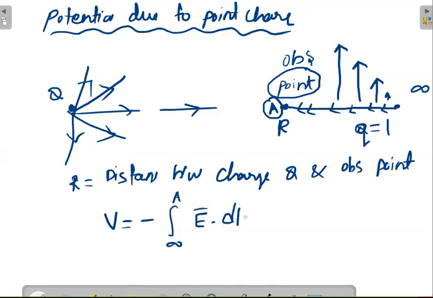Please tell me, between infinity and A, what is the nature of E? E is not constant. E depends on the distance, the running variable small r. What is the electric field for a point charge? Q divided by 4 pi epsilon r square, into dl.